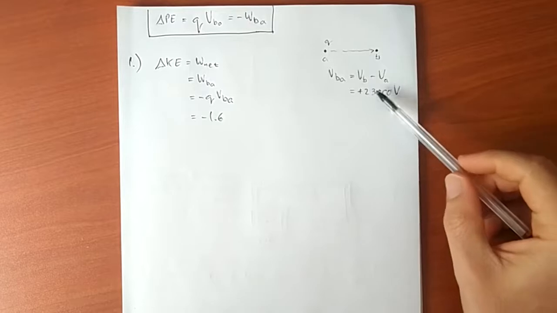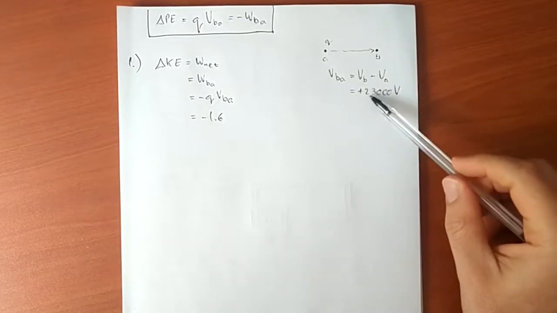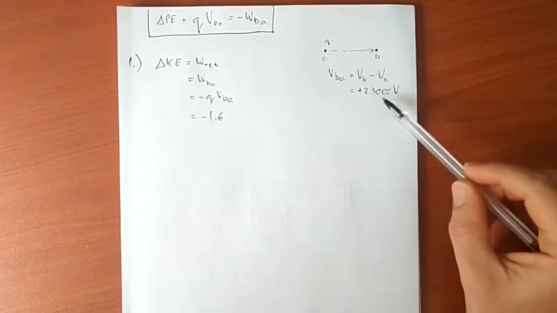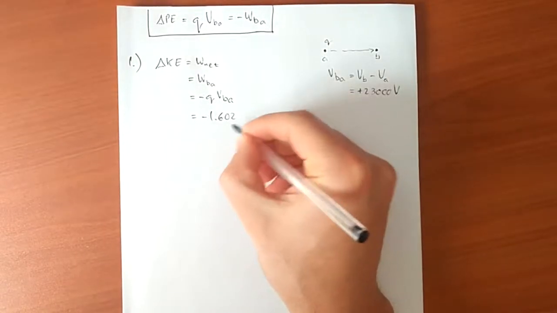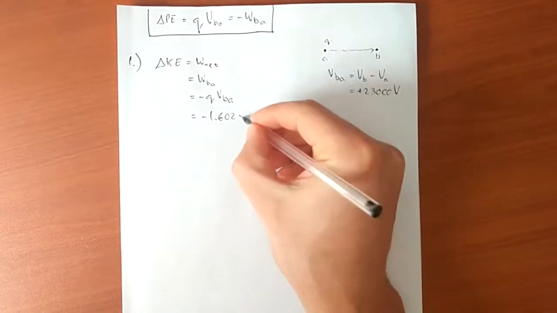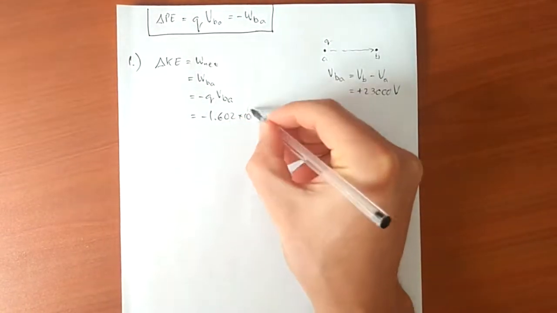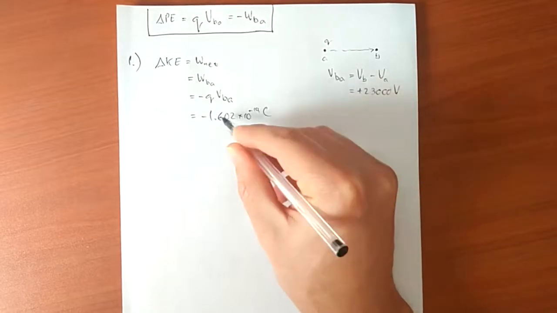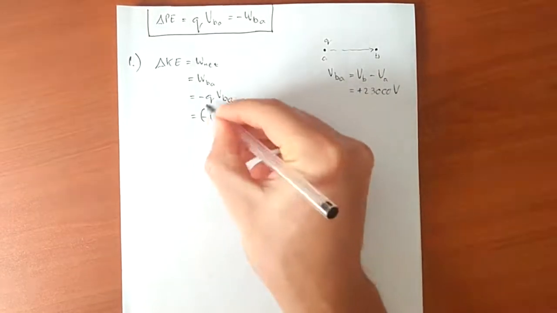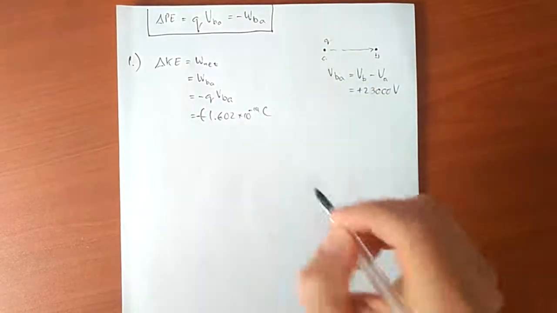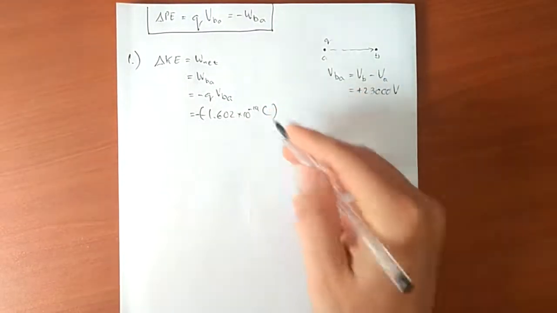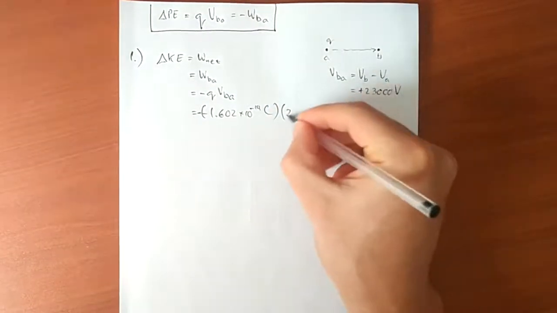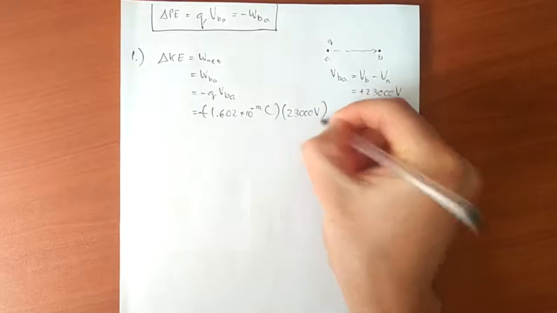I'm going to assume it is 3 significant figures, so that we're certain of the 2, 3 and the 0. But it's not clear if it's written this way. So I'd rather use 1.602 times 10 to the minus 19 coulombs. So that's the charge of an electron. Okay, but it should be minus that. There's another minus there. Minus 1.602 times 10 to the minus 19 coulombs times the voltage, 23,000 volts.